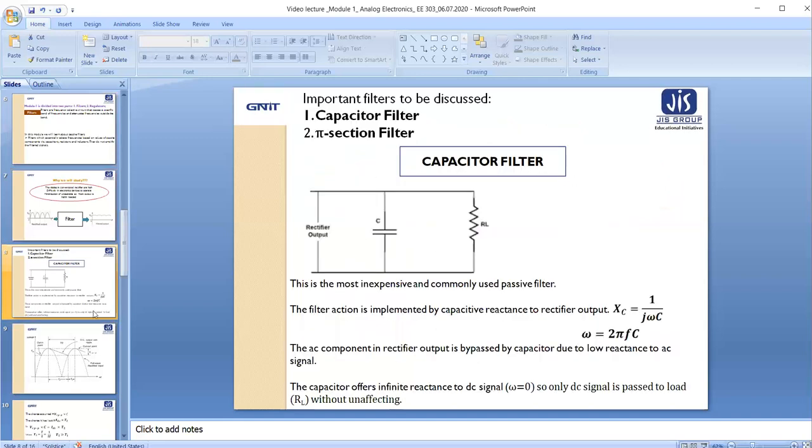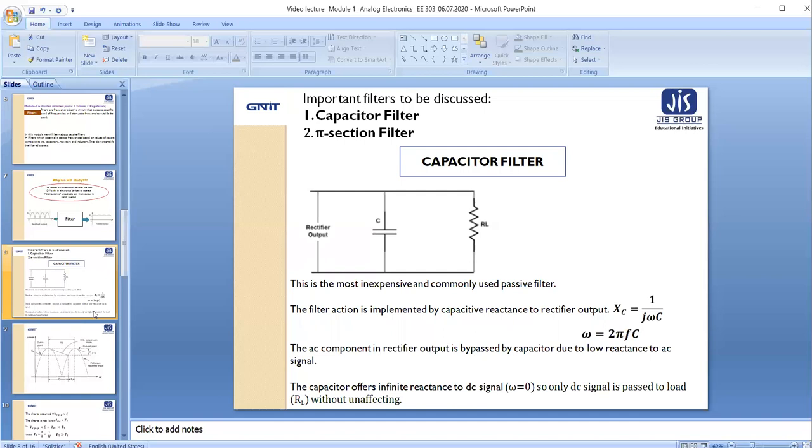Next, we will discuss the two important filters that are mostly used commercially. One is the capacitor filter, the second one is the pi section filter. First, we will study the capacitor filter. Capacitor filter means here only a capacitor is used as the filtering element.